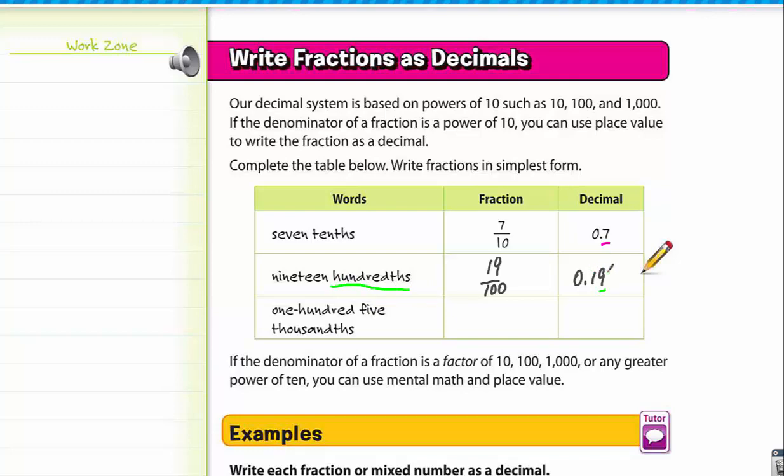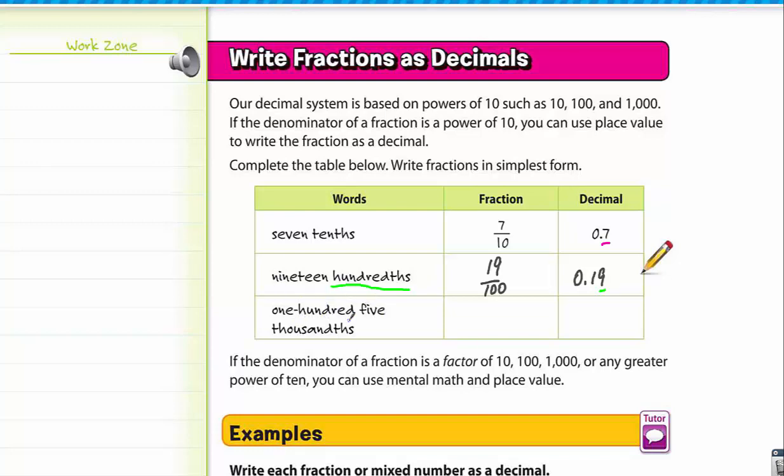So we can see 19 hundredths. By the way, if you think of money, that's 19 cents. And remember, pennies are 100th of a dollar. So the spot right here, these would be 9 pennies sitting in the hundredths place. All right, last one.